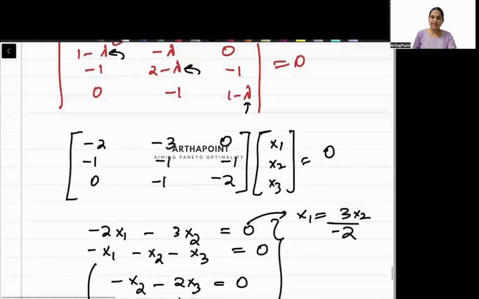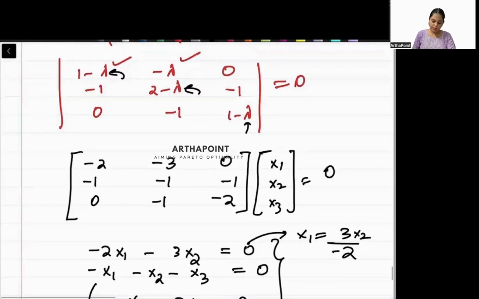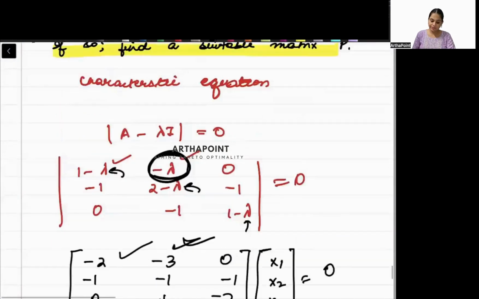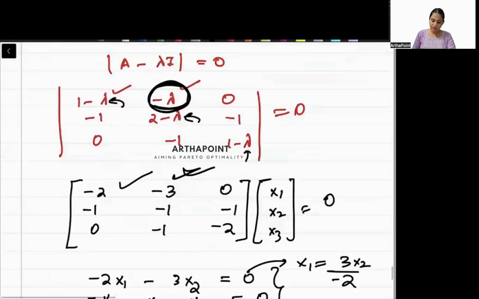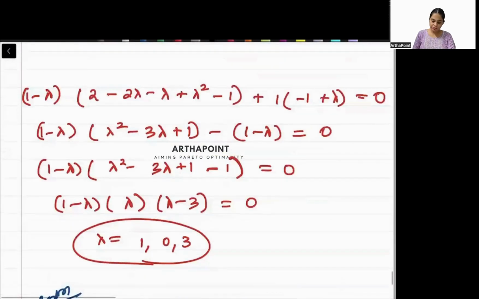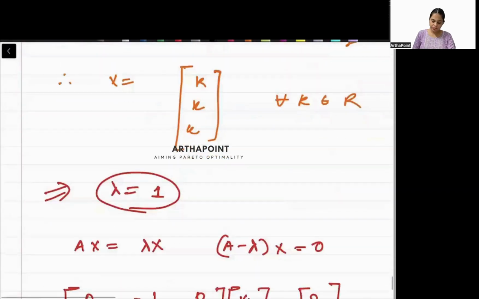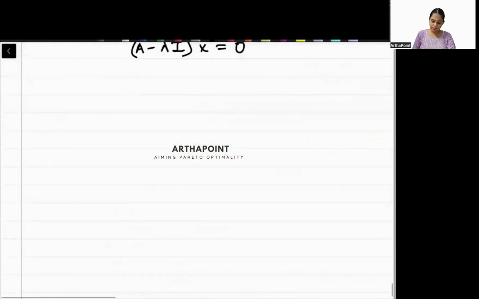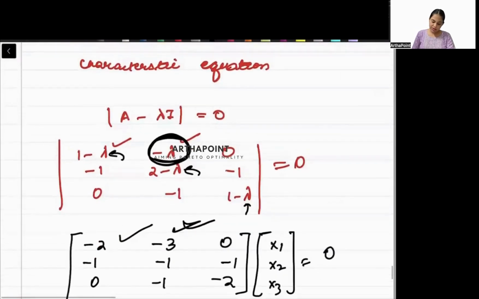Right? I hope we have done this correctly. -2 and this is minus lambda, so minus x3, minus 3. Just let's verify whether this was minus lambda only. Where is our matrix A minus lambda I?